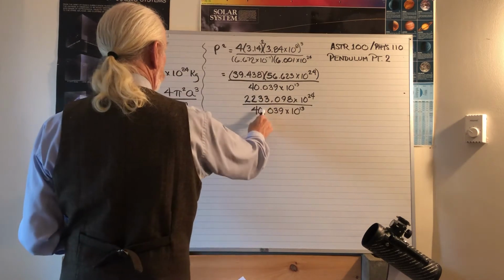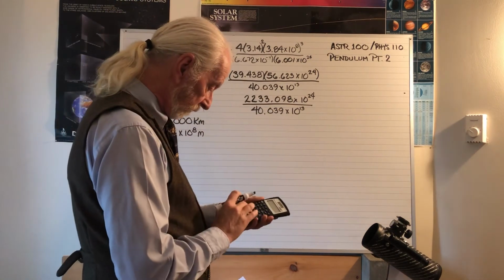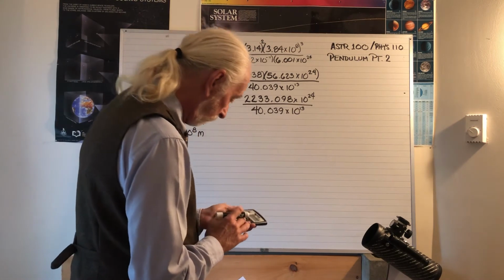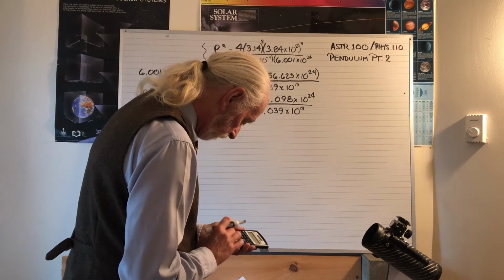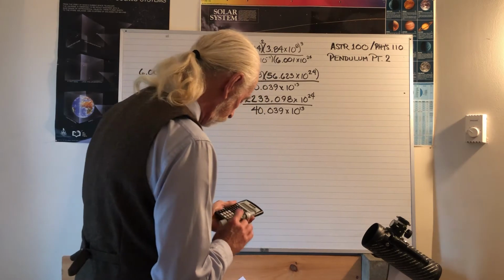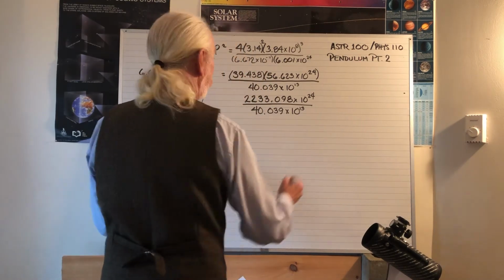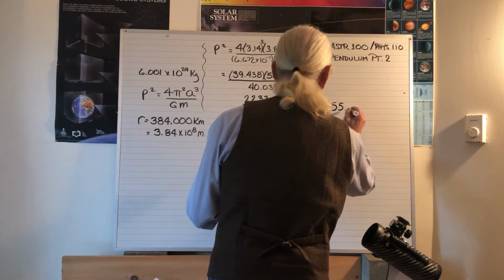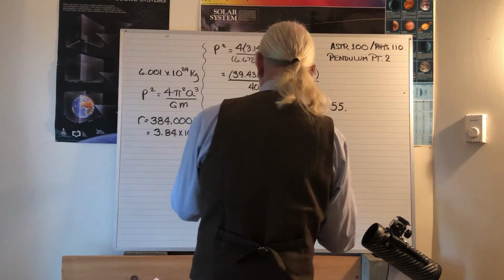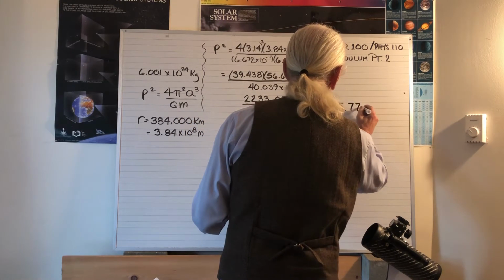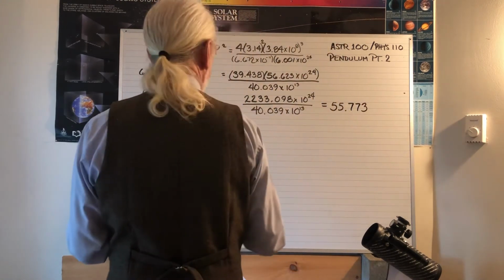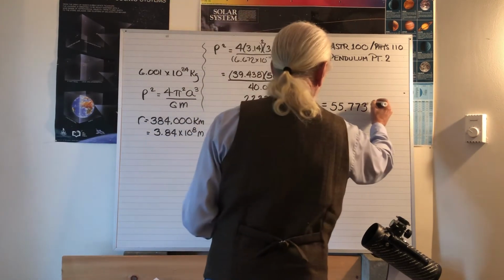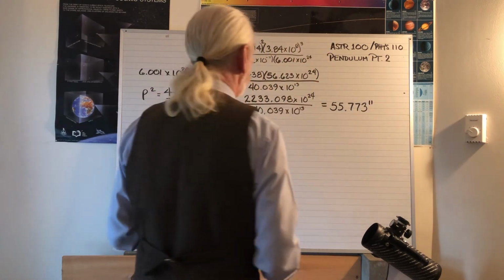So now I'll divide this by this. And I get 55.773 times 10 to the 11th.